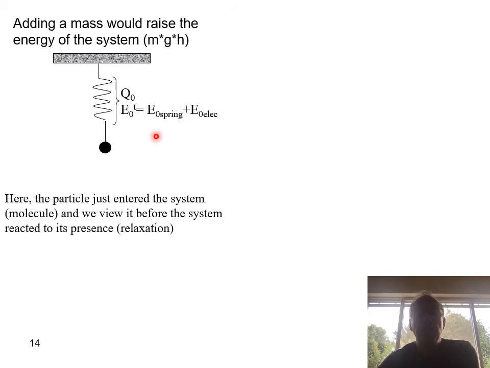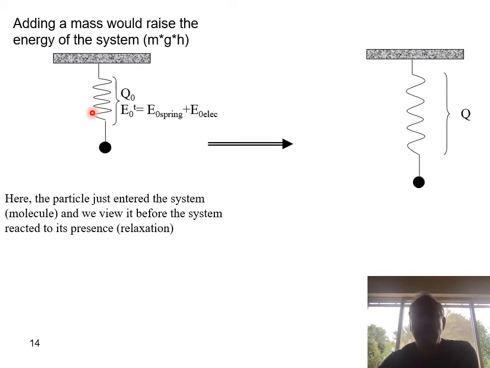Before we had only the energy of the spring, now we also have the energy of the mass, that for the spring it is mgh. And really what we are seeing now is at t equals 0, the mass has only just entered the system, but nothing has happened. And of course, we would expect that the next thing that would happen is that there will be some kind of relaxation.